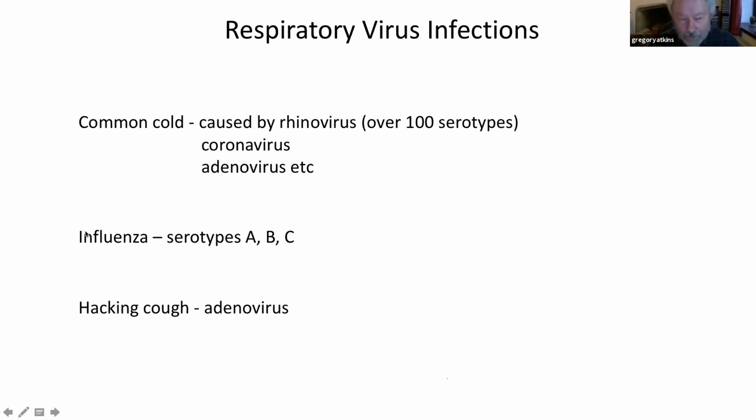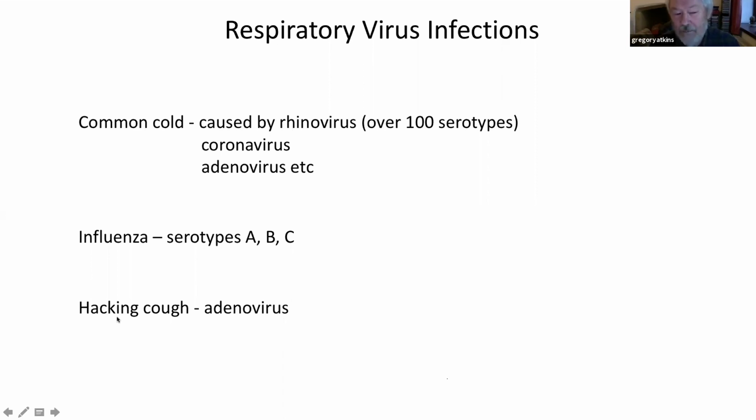Flu is caused by 3 different serotypes, but the first 2 are the most common, and influenza A is the one that causes the periodic pandemics and epidemics. Believe it or not, there was a pandemic that swept the UK in about the last 3 or 4 years, caused by a DNA virus called adenovirus, and this disease called hacking cough.